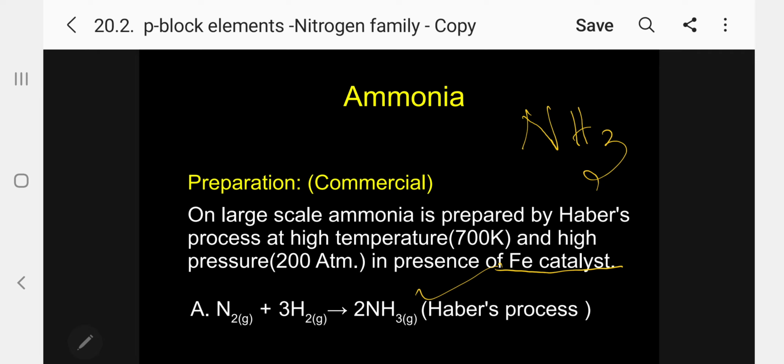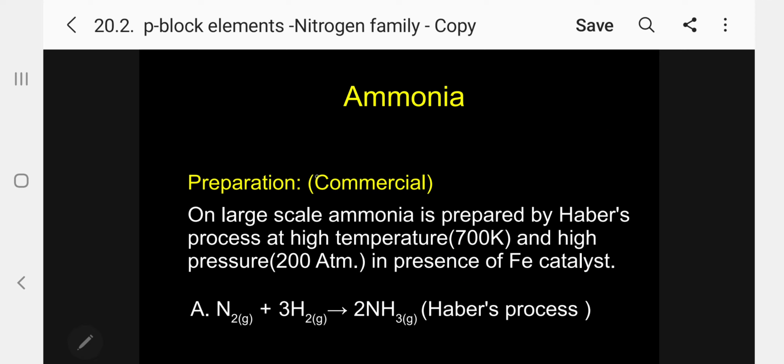So 1 mole of nitrogen and 3 moles of hydrogen combine in presence of iron catalyst at 200 atmosphere and 700 Kelvin. We are getting 2 moles of ammonia. This is the commercial preparation of ammonia. The process is called Haber process.